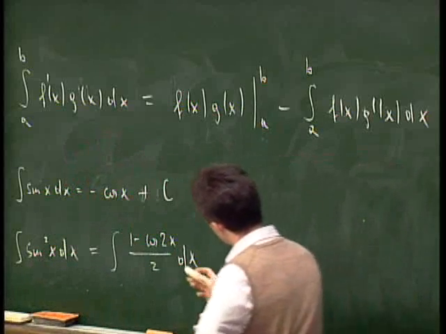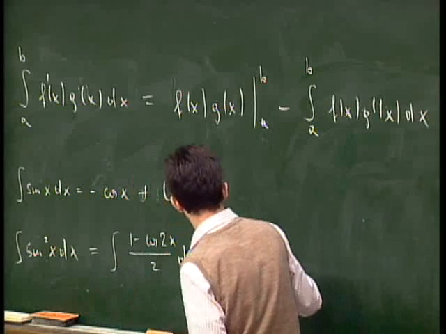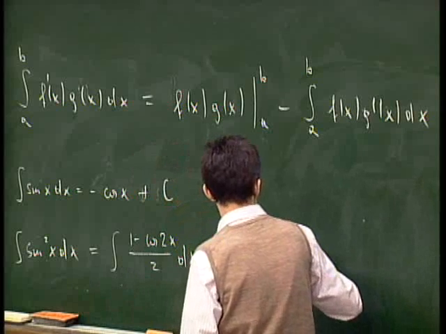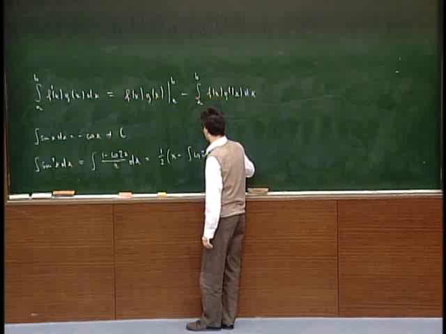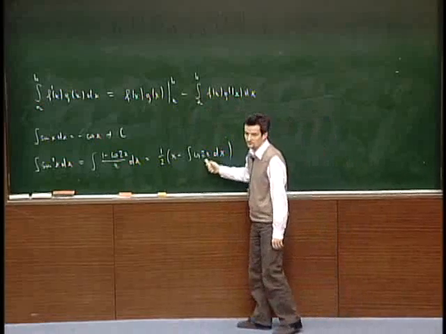If you do this, you can take out 1/2, and the rest is x minus the integral of cosine of 2x dx. And here actually you have to use substitution.